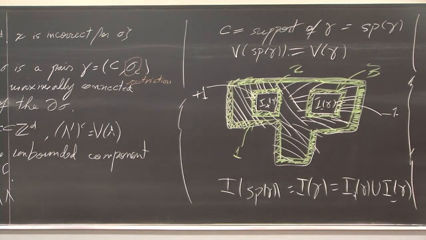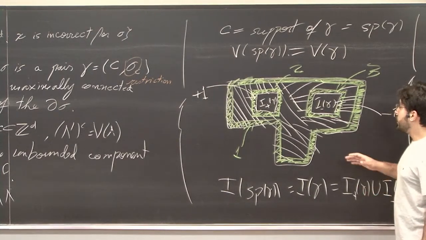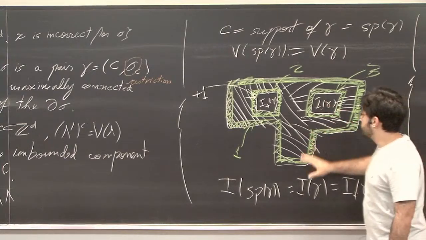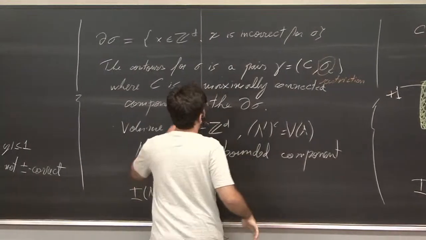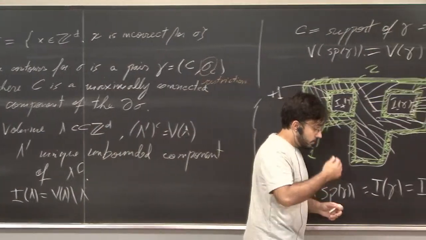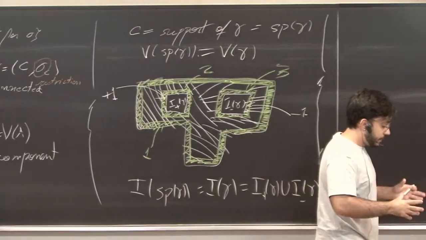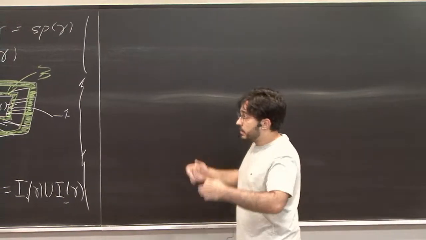So before that, I want to go back to that discussion of compatibility, where we were talking about how if I have a family of contours associated to a configuration, so for each configuration I can break its boundary into maximally connected components, and this will give me a family of contours.